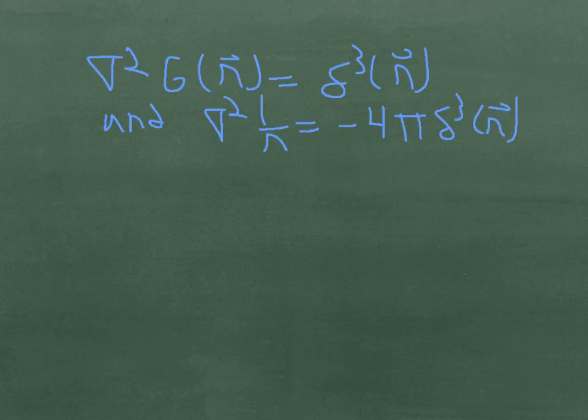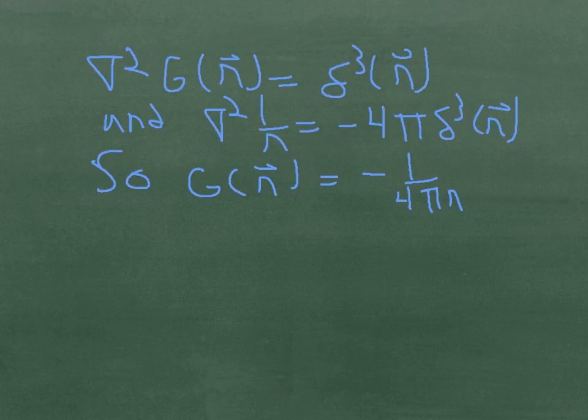So putting those two together, G of script r is equal to minus 1 on 4 pi script r.